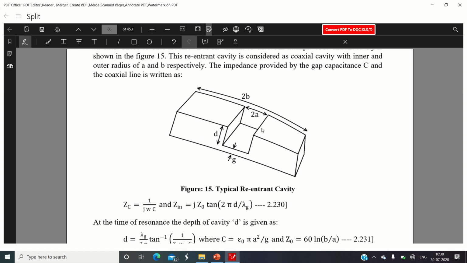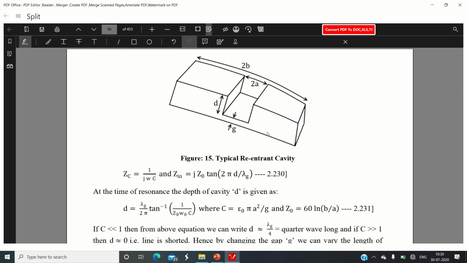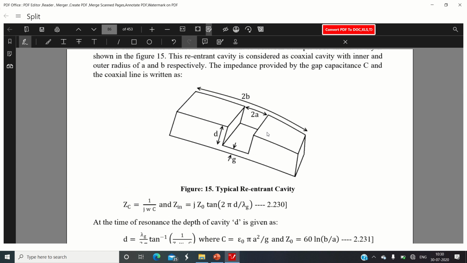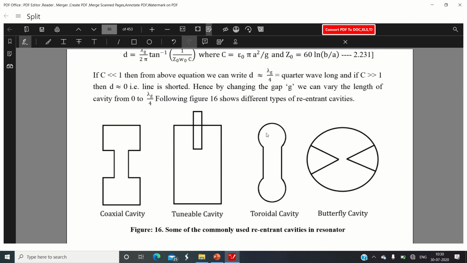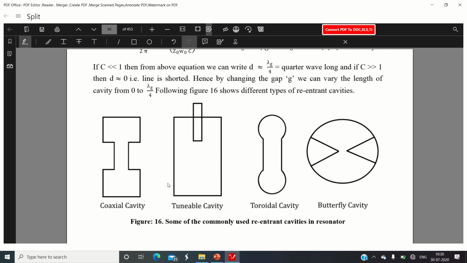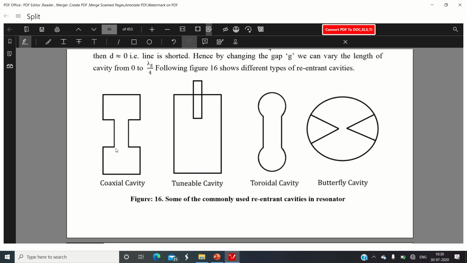As the field gets circulated within this cavity continuously, we call that term a re-entrant cavity. Such cavities are required in order to design the resonator circuits. Other commonly used re-entrant cavities are shown in figure 16. All these are the different types of cavities. We call them re-entrant cavities, and these cavities are used in the construction of waveguide cavity resonators.